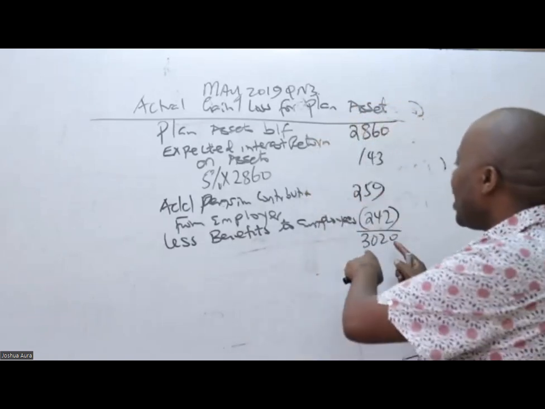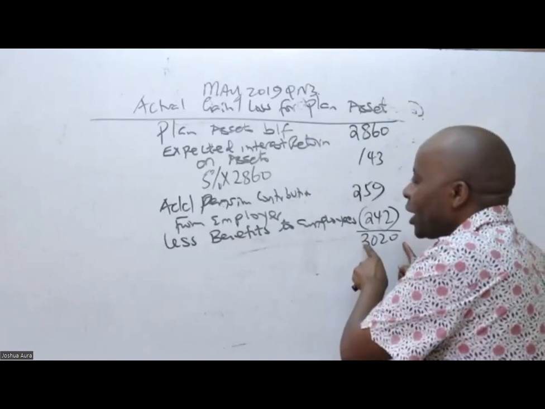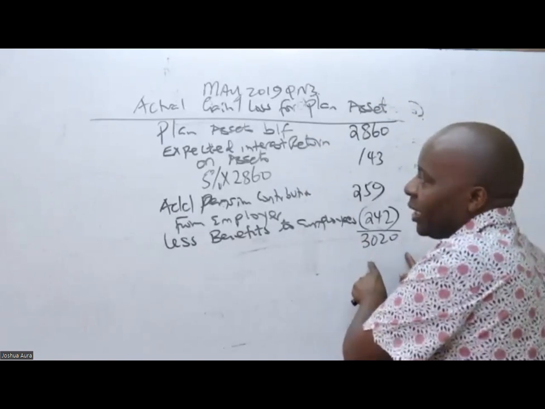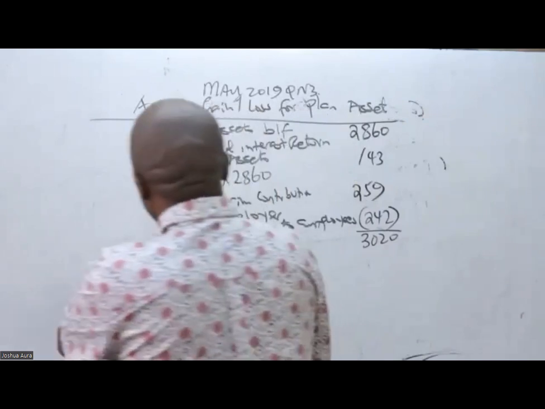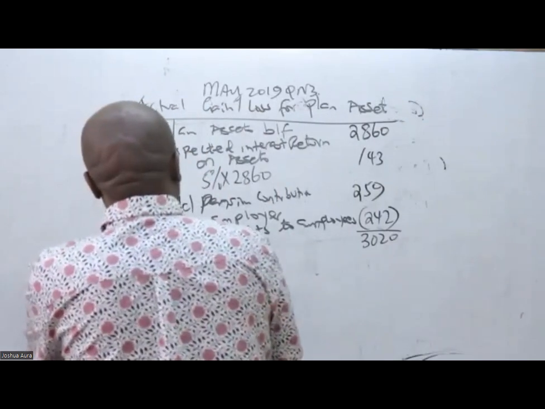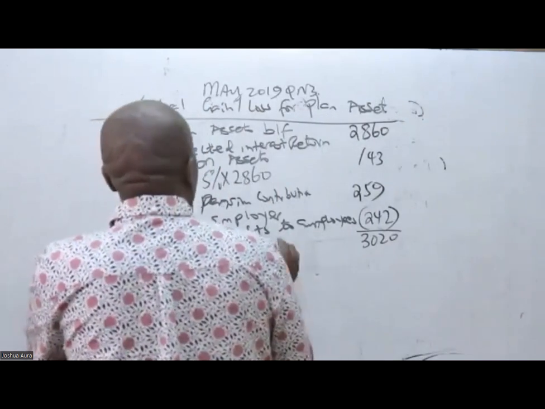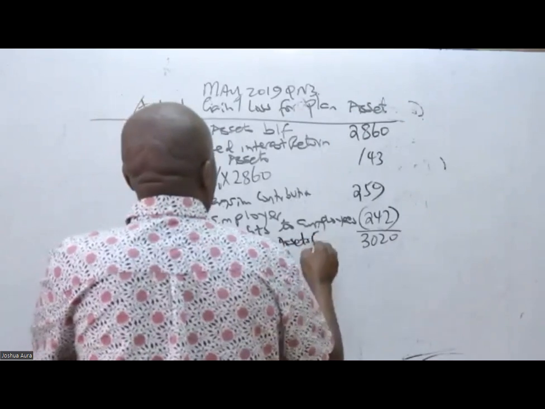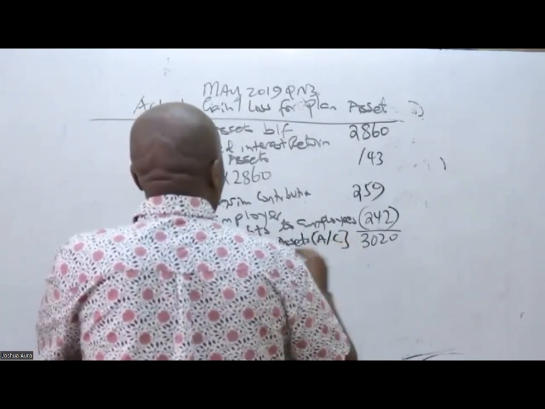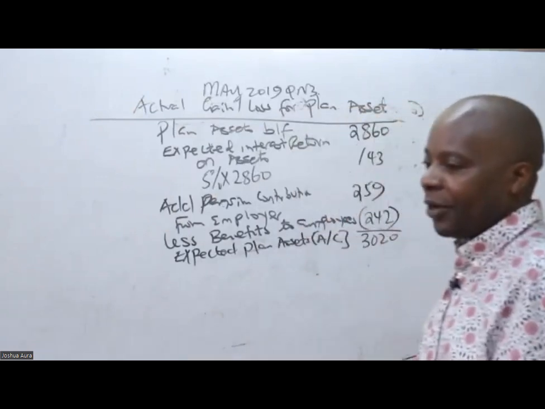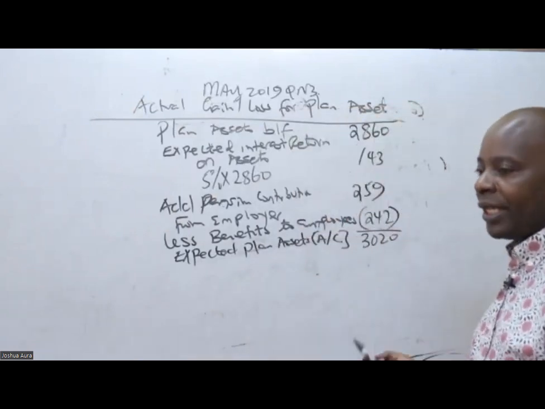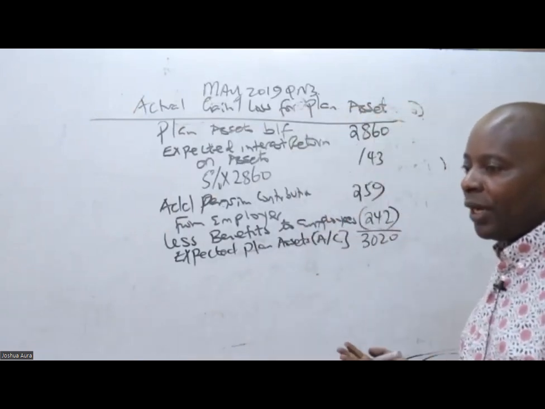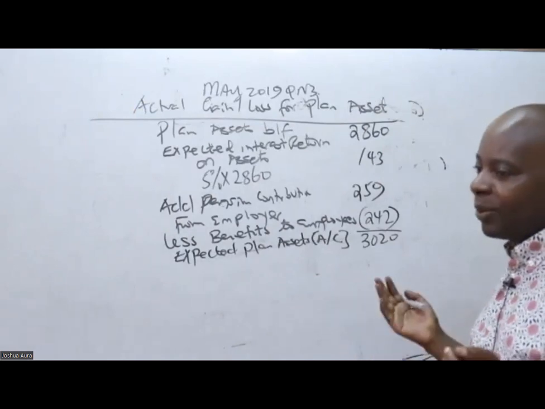So then as an accountant, this is what I expect to be my plan asset. Here we have expected plan assets from the accountant's perspective. But remember, we don't have the wherewithal of evaluating these plan assets.